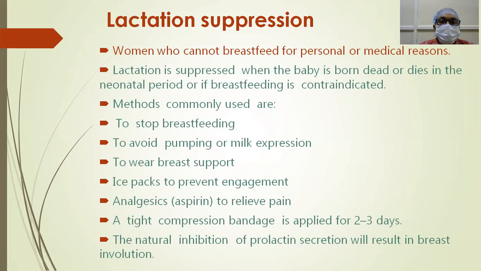Lactation is suppressed sometimes when the baby is born dead or dies in the neonatal period, or if breastfeeding is contraindicated. The most commonly used methods: first of all, if you stop breastfeeding, there is no suckling, prolactin secretion is stopped, and there is no milk production.